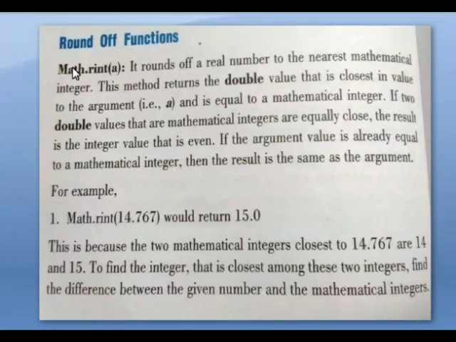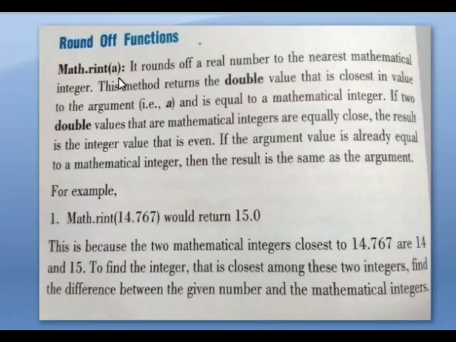First one is Math.rint. Okay, Math.rint means it will give the rounded value. If the given value is a decimal value, it will see the number just after the point. If it is equal to 5 or greater than 5, it will round the value to the next nearest value.